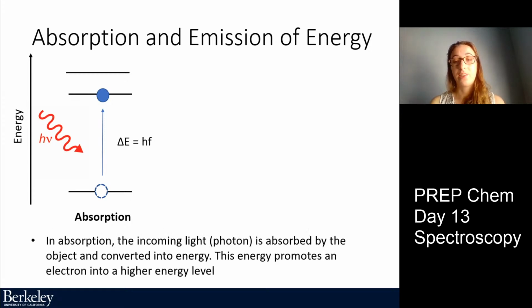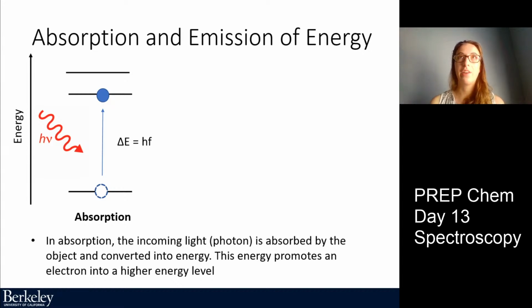Okay, so to summarize, in absorption, your incoming light is absorbed by the object. That light had some given energy, and all of the energy from that light is then converted into energy within the material. That energy actually causes an electron to be promoted into a higher energy level, right? Because we know that all energy is conserved.